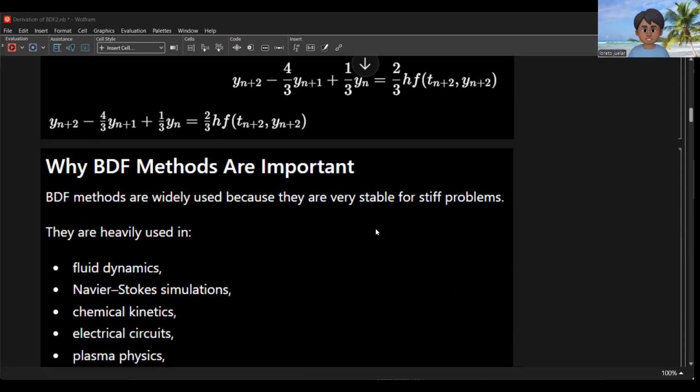BDF2 methods are widely used because they are very stable for stiff problems.